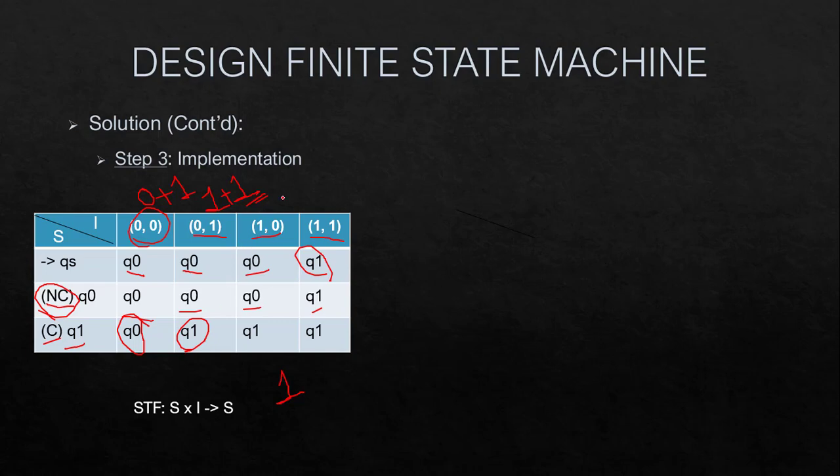Similarly for 1, 0, a carry will be generated since we add 1 plus 1, so we stay in the same state. Finally, when we reach 1, 1, this adds up to 0 and then 1 will be there, so there is still a carry generated and we stay in the Q1 state itself.